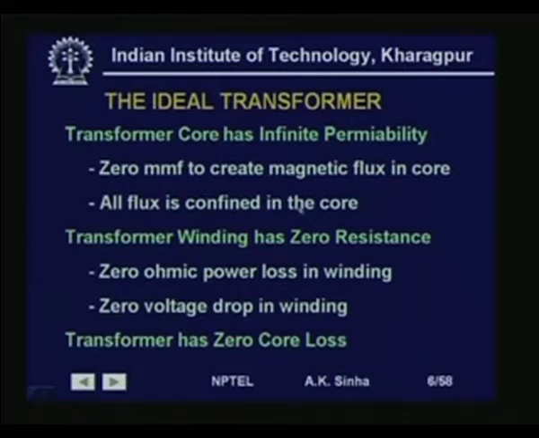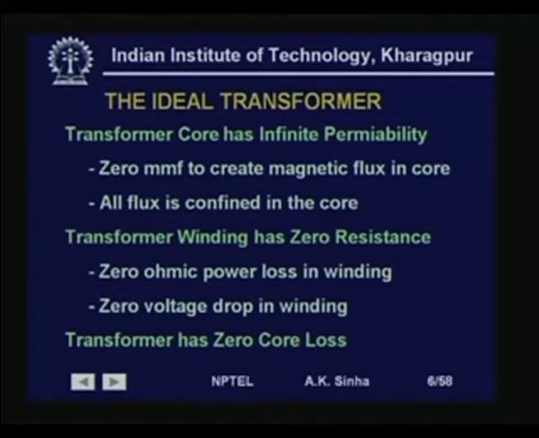All flux is confined in the core. Since the core has infinite permeability, all the flux will try to reside inside the core. It will not go out where the permeability is lower, and so the reluctance of the flux path is going to be higher.